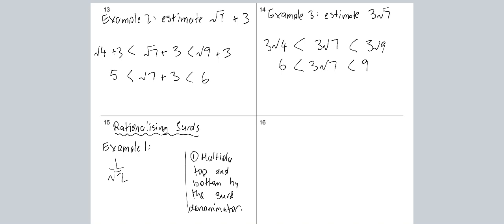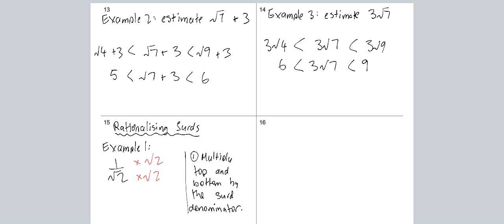Right, is that clear enough? Multiply top and bottom of the fraction by the denominator. So the denominator here is what? Root 2. So I multiply top and bottom by root 2.